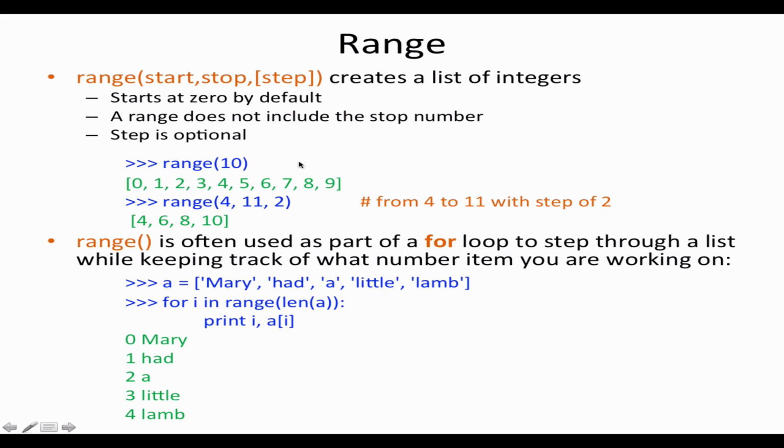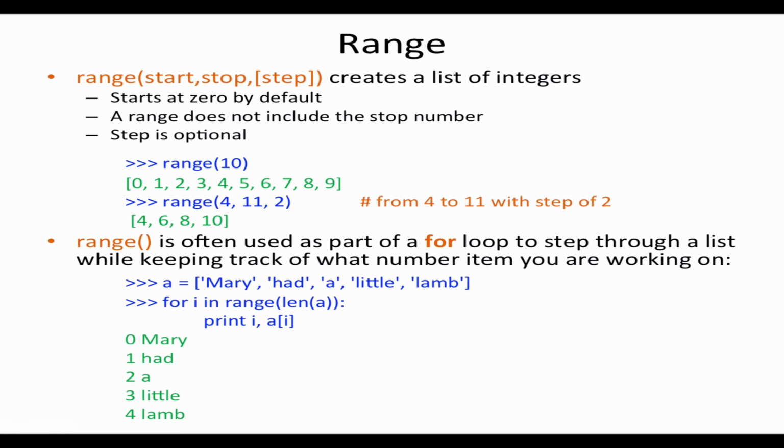So you could say range 10, and it'll give you the integers from 0 to 10. Here, again, actually, it gives you the integers from 0 to 9, because that's the way Python counts. It counts starting at 0 and up to, but not including, the last element of your range. That's just the way it always works.